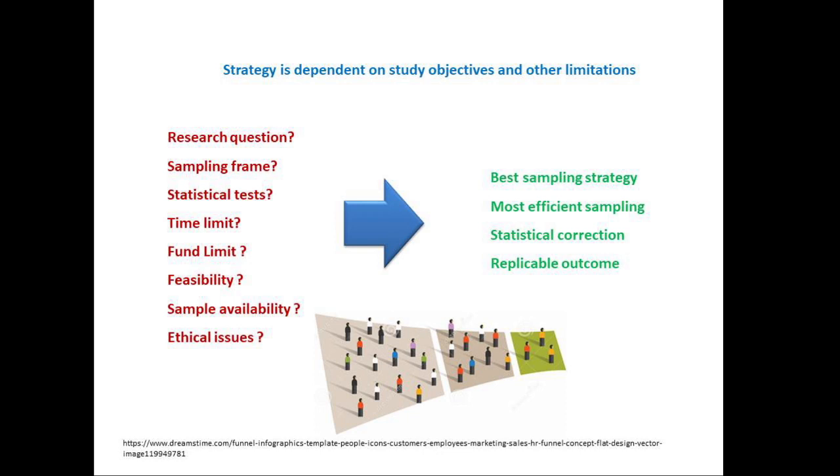I should get the same result. Then only can I say, yes, the study was correct, that was done before. So these are the most important things that determine which strategy I have to use to do the sampling.